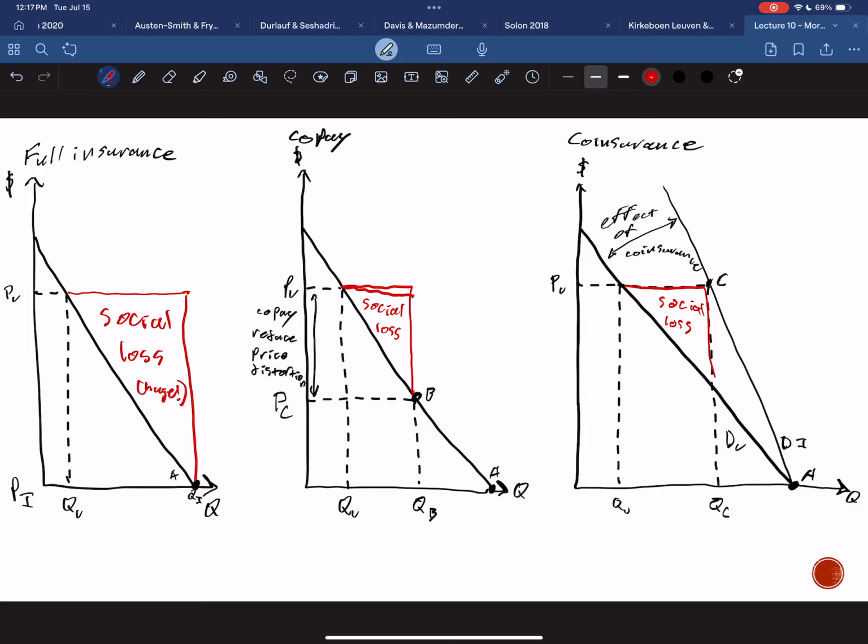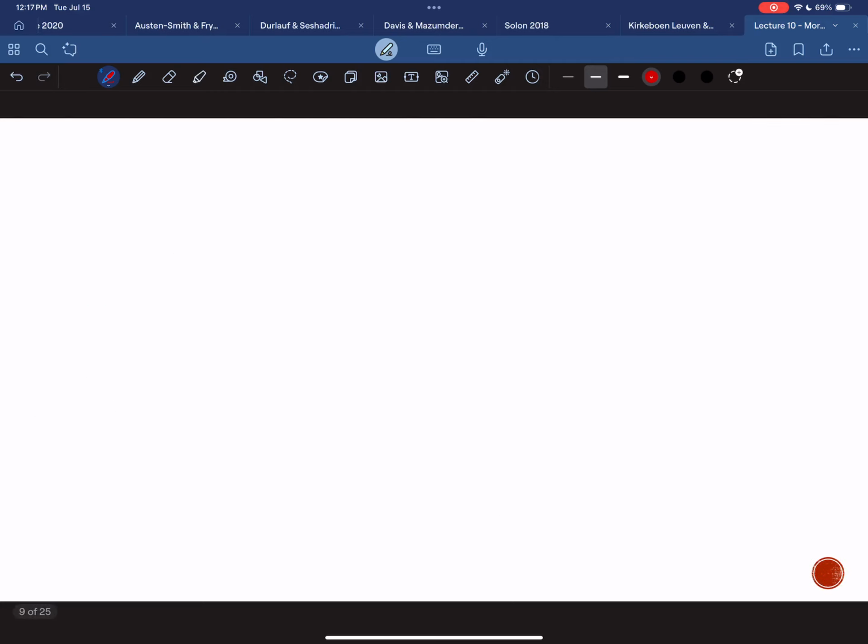I'll walk you through how a deductible can be paired with coinsurance.